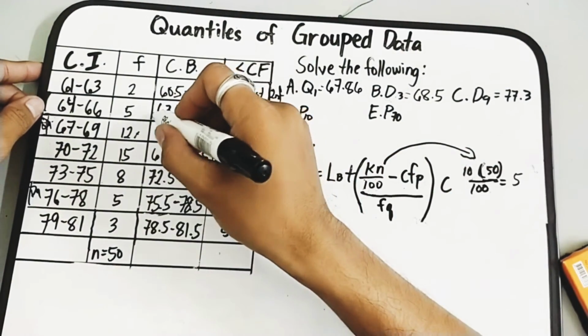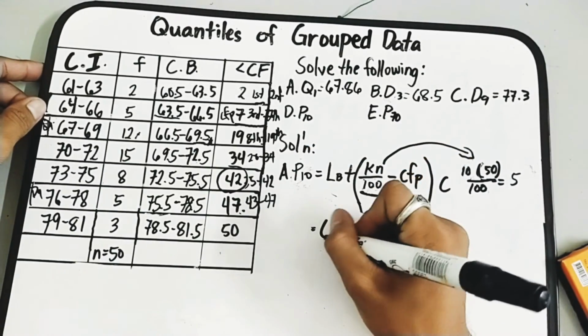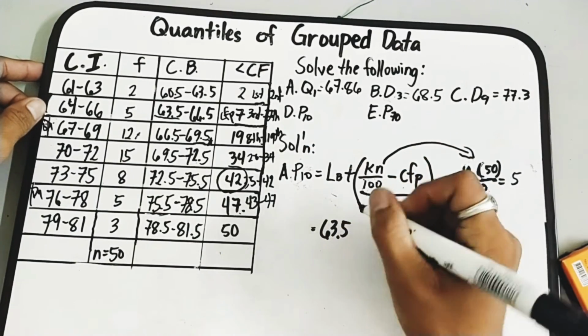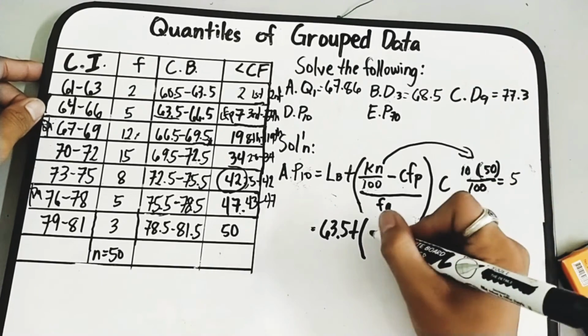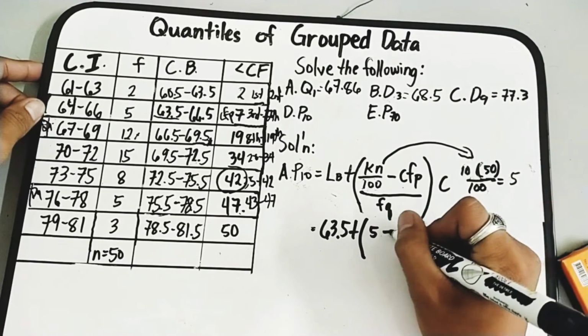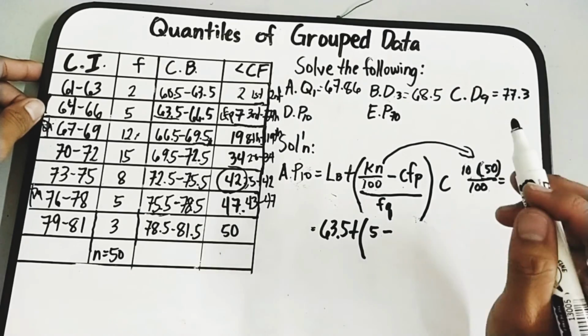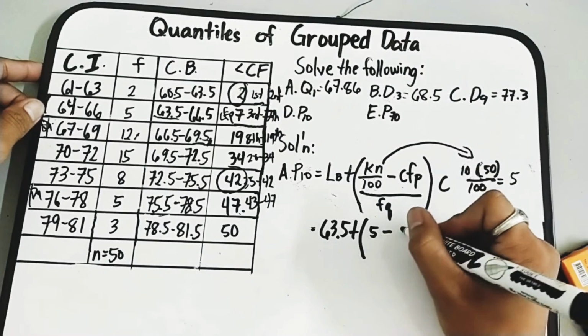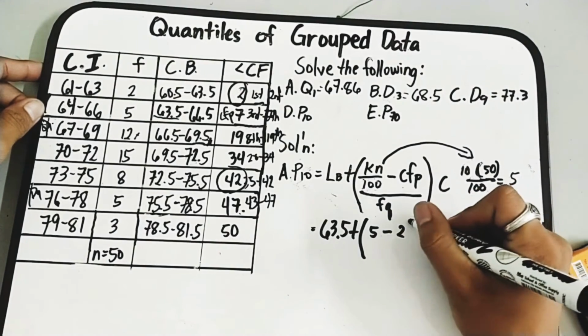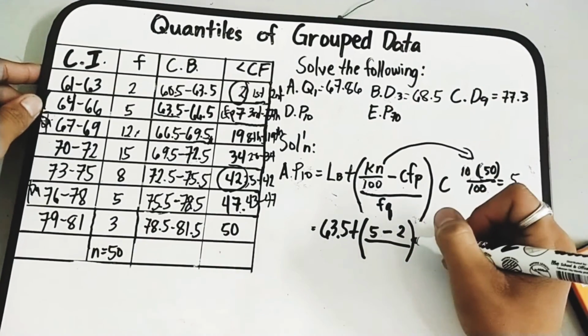So, you can identify the lower boundary, which is 63.5, plus its Kn over 100, which is 5, minus the cumulative frequency preceding it, which is the one above it, 2. All over, ano ba yung frequency niya?